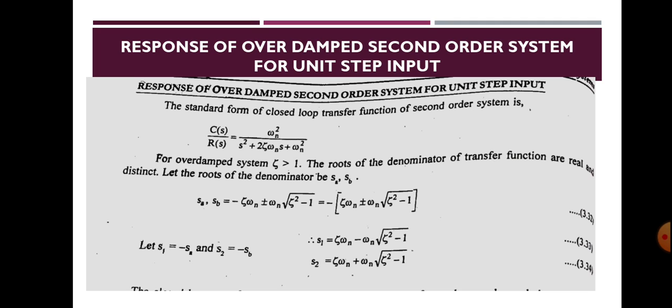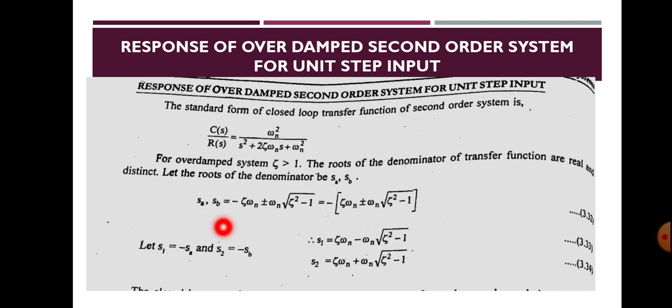So we can substitute for the values of a, b and c, and we will finally get the value of SA and SB as minus delta omega n plus or minus omega n into square root of delta square minus 1. In this term we can take a minus sign outside, so that we get SA and SB equal to minus of (delta omega n minus or plus omega n into square root of delta square minus 1).